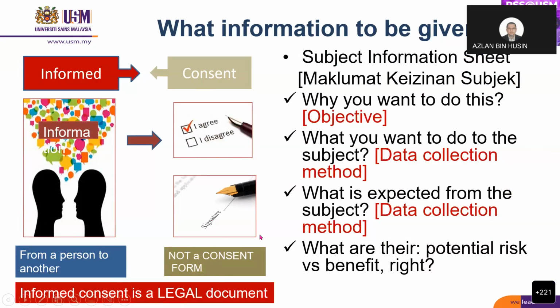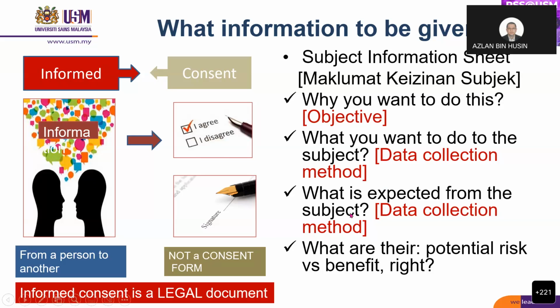Informed consent is not just merely a signature on the form, but how much information can easily be understood by the participant you want to offer it to. Don't confuse them with all the technical terms that they might not even understand. They might not even be interested to know the technical terms and process detail.